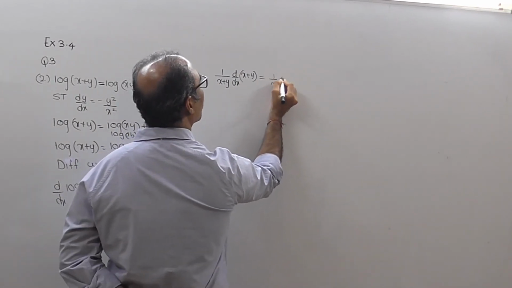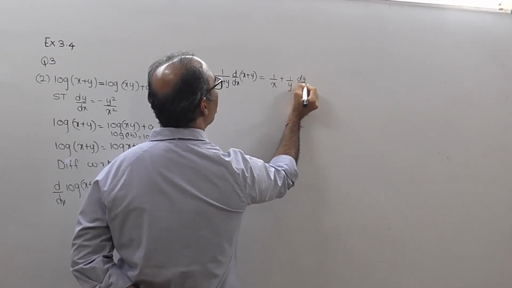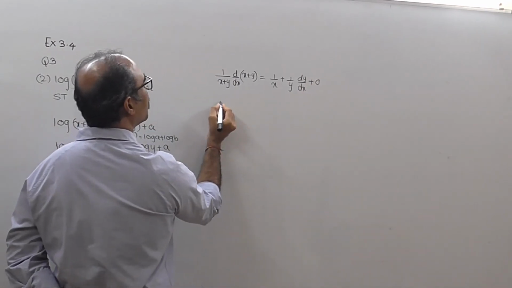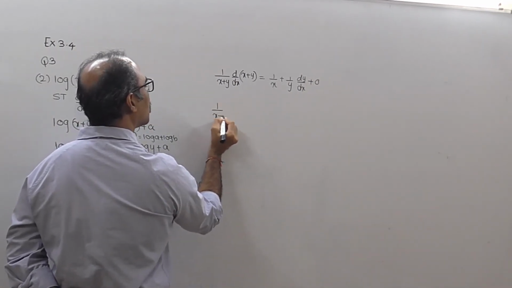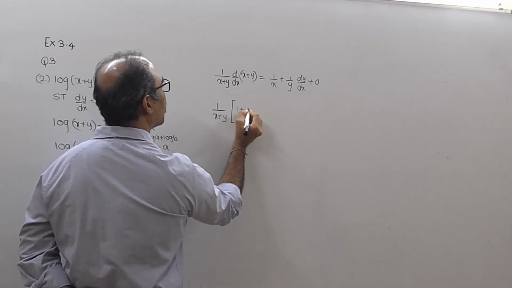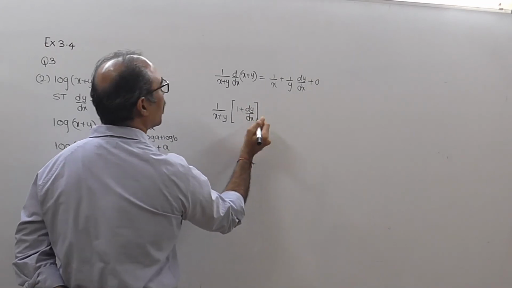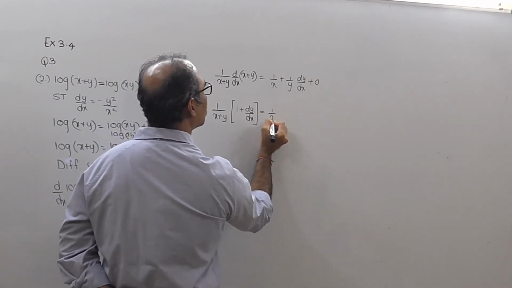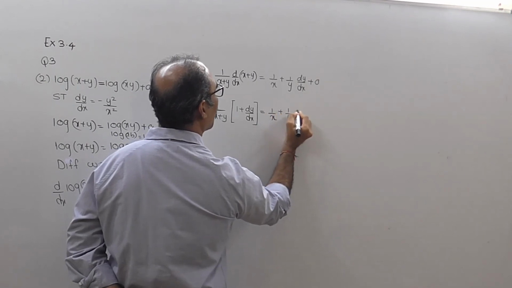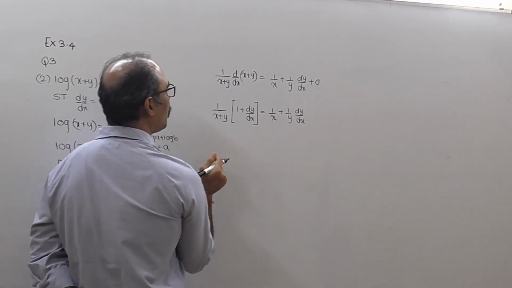Derivative of log x is 1 upon x. Derivative of log y is 1 upon y dy by dx, and log a is a constant, derivative is 0. So this is 1 upon x plus y. Derivative of x is 1, derivative of y is dy by dx, that is equal to 1 upon x plus 1 upon y dy by dx.